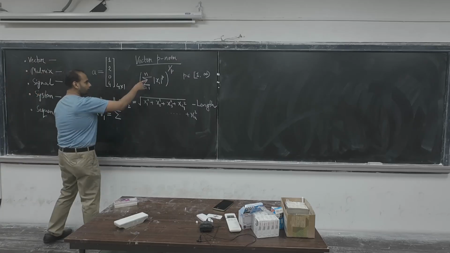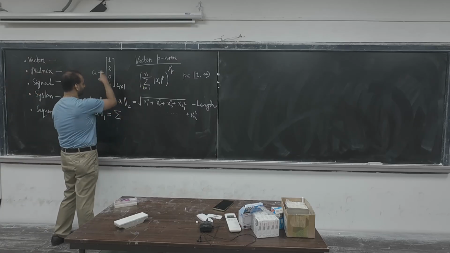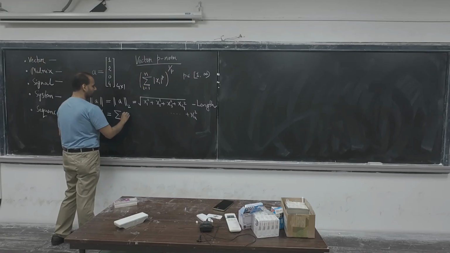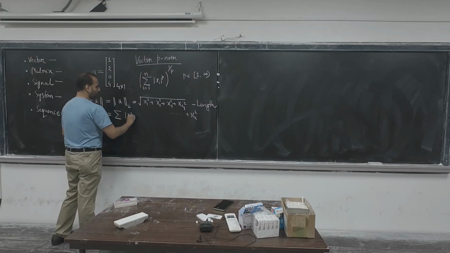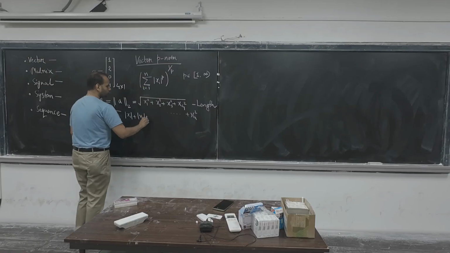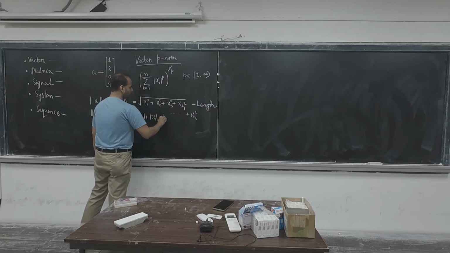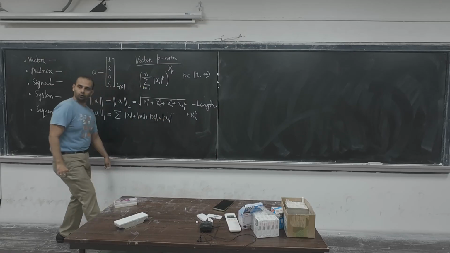Now if it is the 1 norm, then what do we have to do? For this particular case, it is the absolute x1 plus absolute x2 plus absolute x3 plus absolute x4, right?